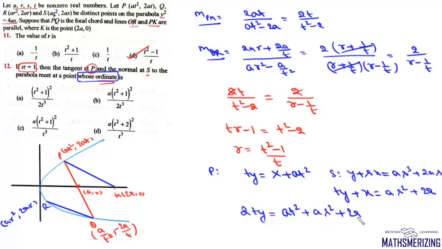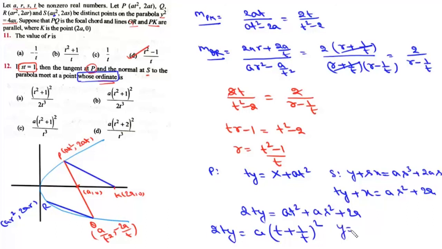Now here we'll take a common and write s as 1 upon t. So we can write this as 2ty equals a times t plus 1 upon t whole square. So its y coordinate will be a into t square plus 1 whole square, upon 2t cube, and that's your option number B.